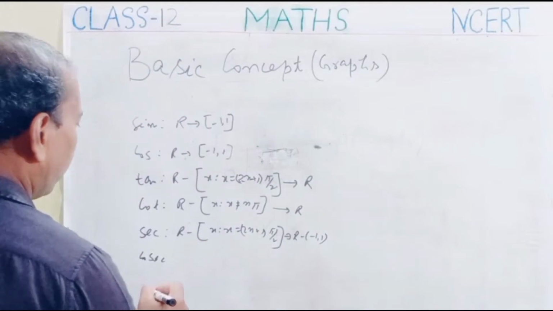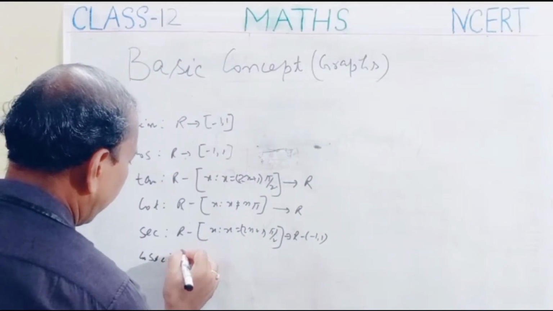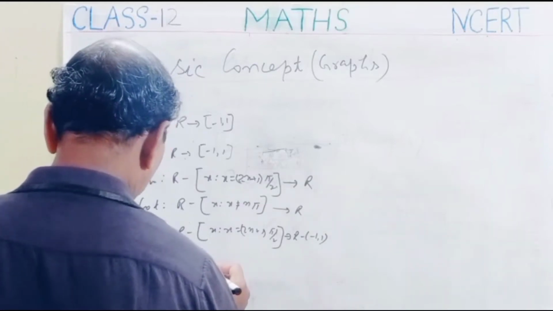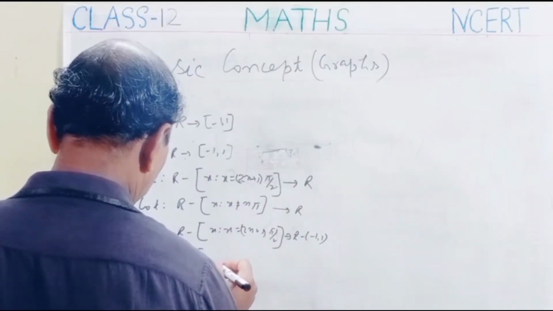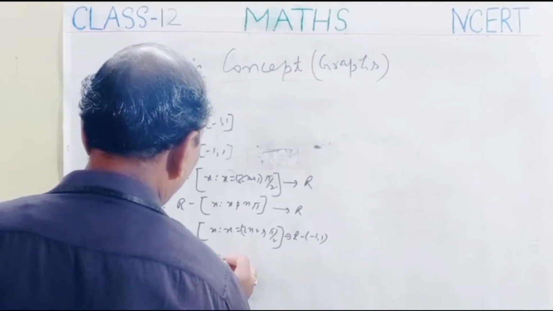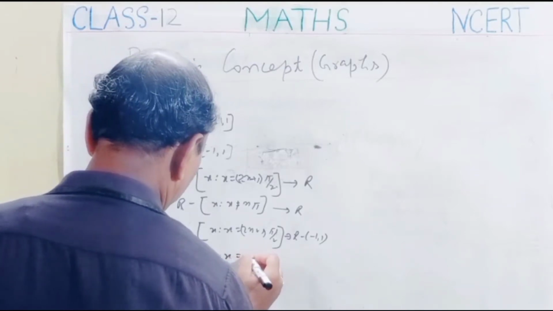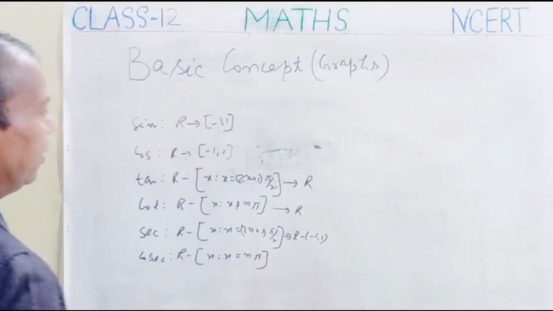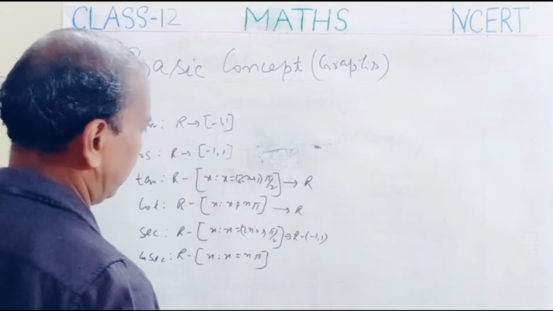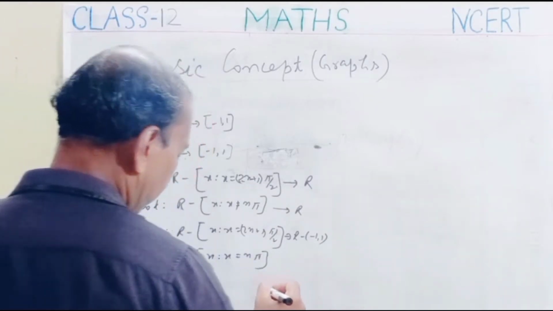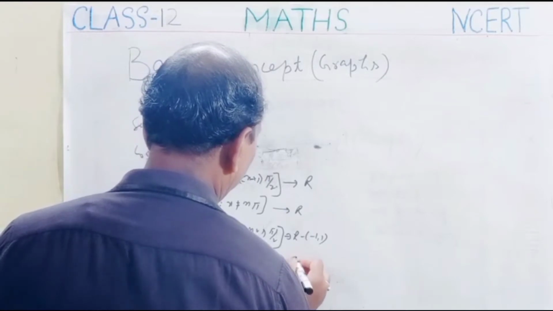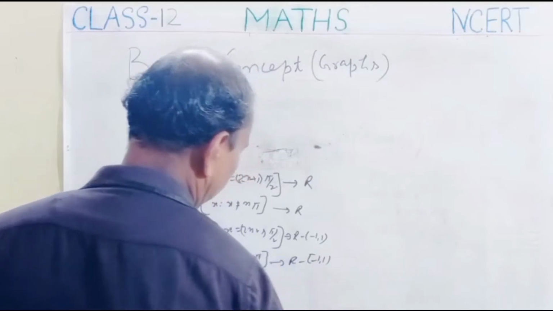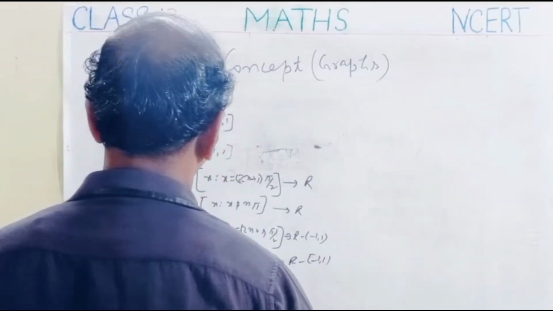Similarly, for the case of cosec, again its range is R, but what will not be included? x, where x is equal to n pi, and obviously n is an integer. So it is the real numbers, and -1 and 1 will not be included.